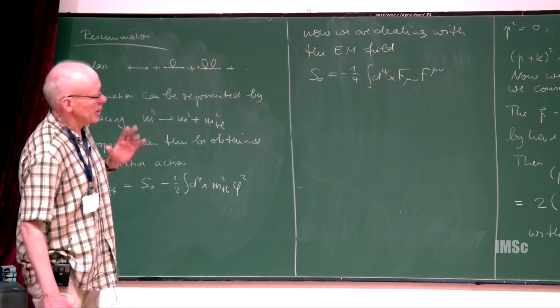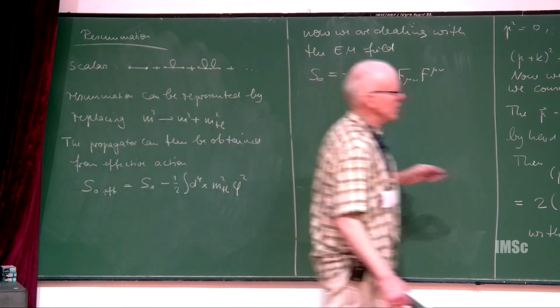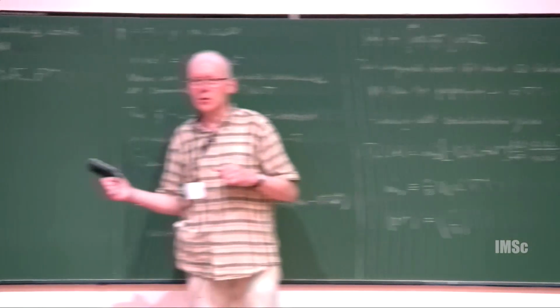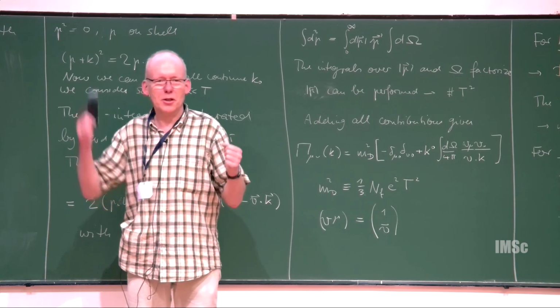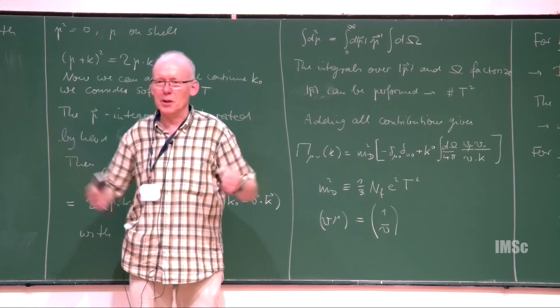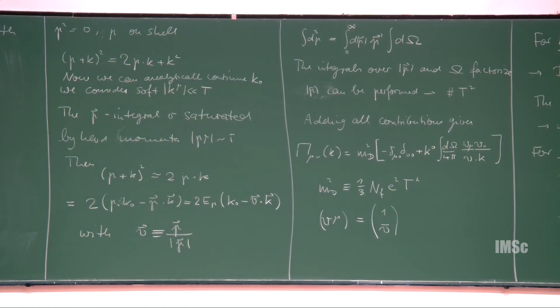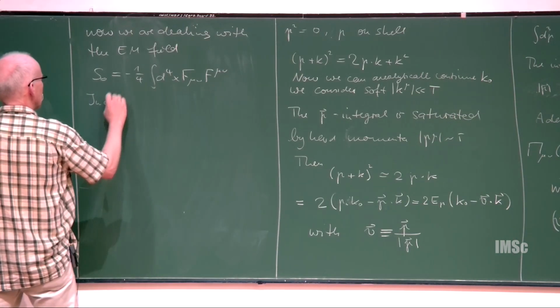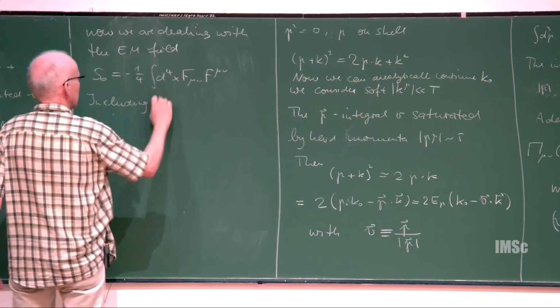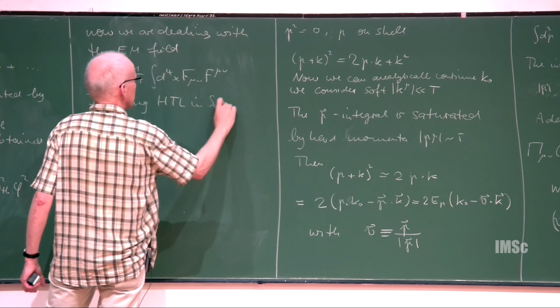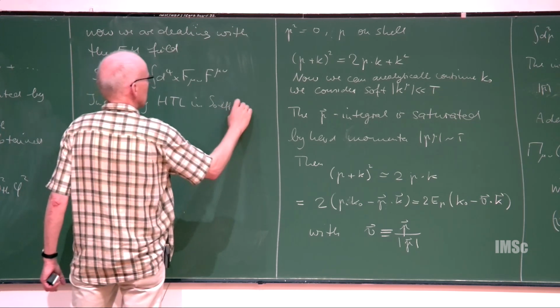The difficulty is that this is not simply a constant like in the scalar case, but a function of k, or in position space, a function of x and x prime, where x and x prime are the locations of the fields. So including the hard thermal loop in S naught effective looks like this.